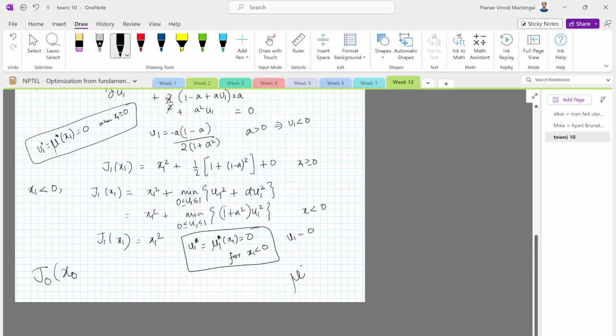This is mu star, which is just like some policy, and mu star x1 tells you at x1 what should be your action. That action is u1 star, which in this case turned out to be 0.